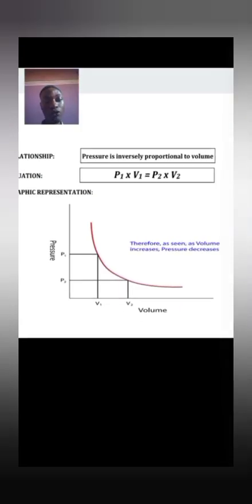And the graphical representation of the law, as seen below, shows that when the pressure increases, the volume will decrease. Therefore, as volume increases, pressure decreases, and as pressure increases, volume decreases.